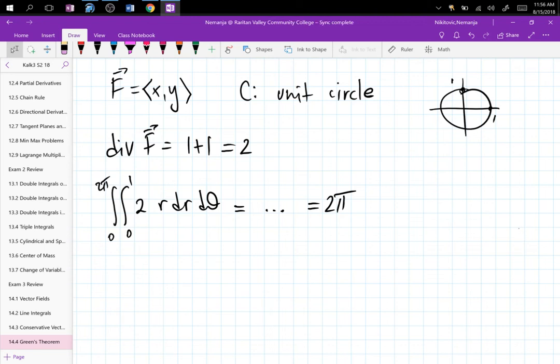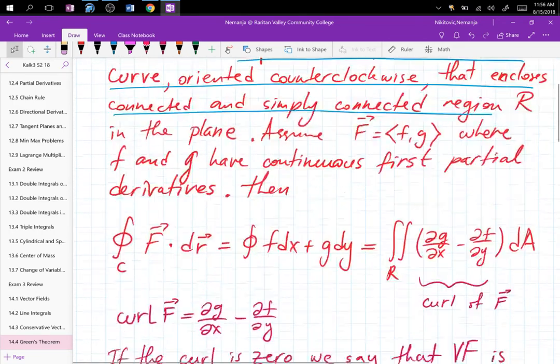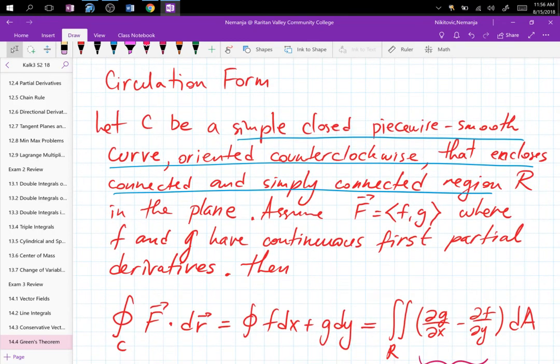Now, the part that the curve C needs to be smooth, and then I said, yeah, this works for a square and a triangle, right? You have to be very careful when you read this, because it says piecewise smooth. Not smooth, but piecewise smooth. Now, piecewise means that you get to cut it, right? And now if those portions, when you cut it, end up joining into a square or a triangle or some kind of corner, that's fine, all right? The pieces of it need to be smooth.